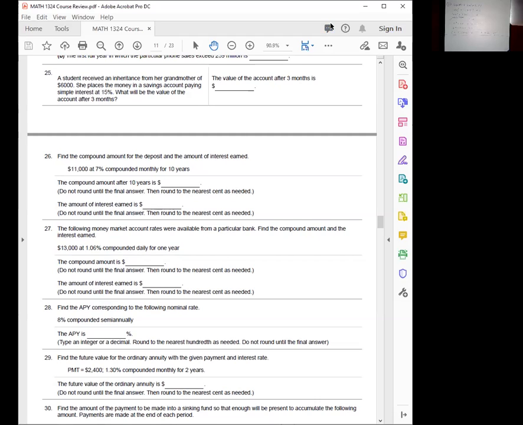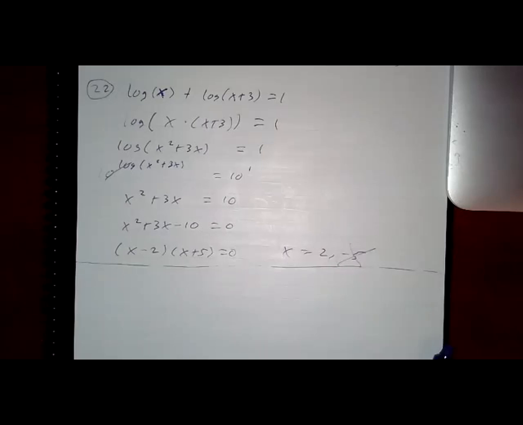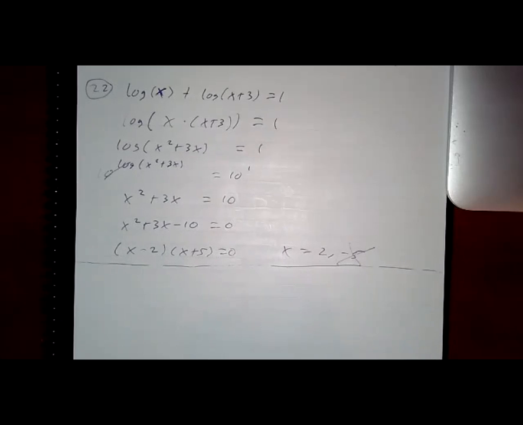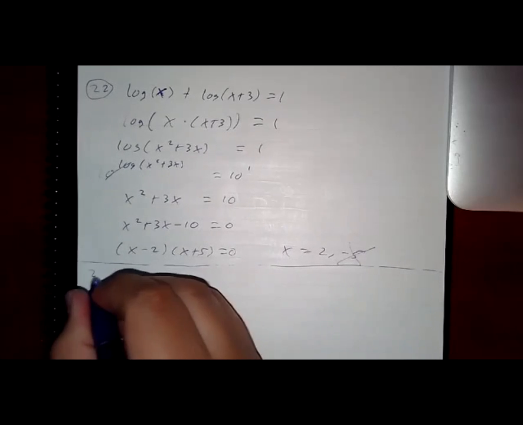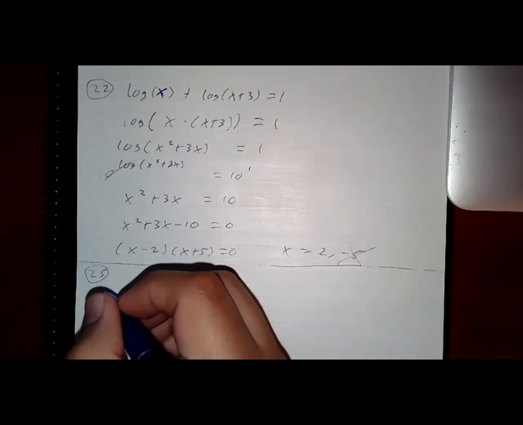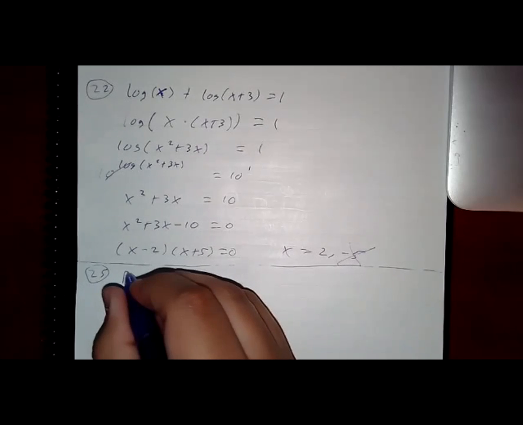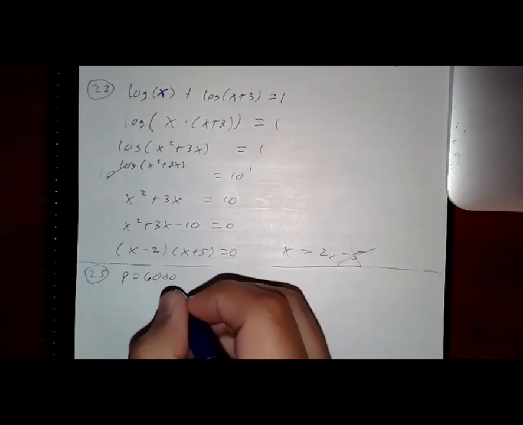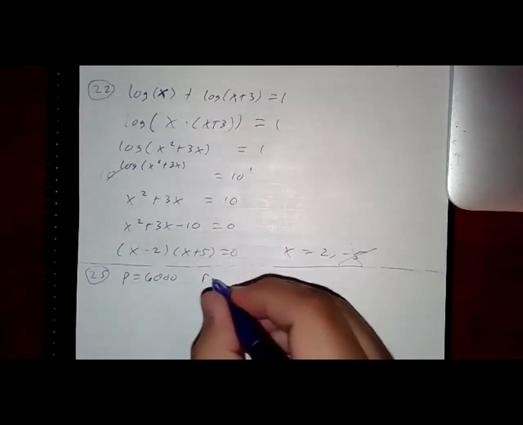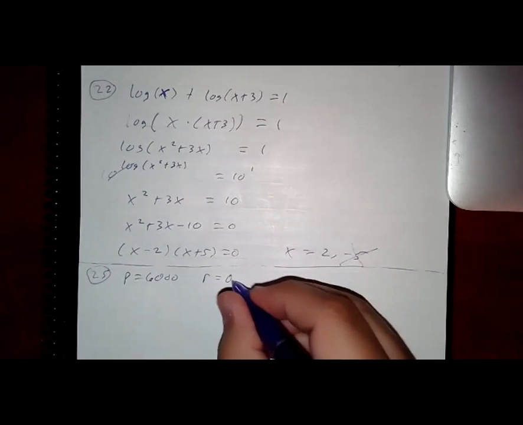This is number 25. So you get 6,000. So principal 6,000. Interest rate is 15%, so 0.15.